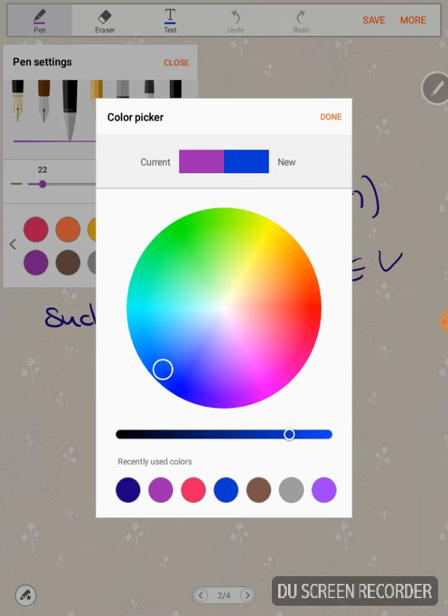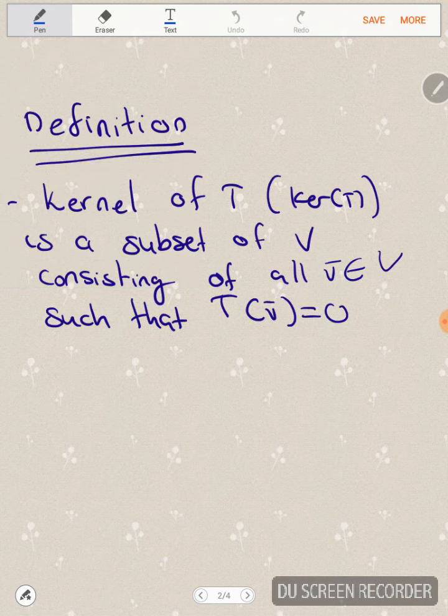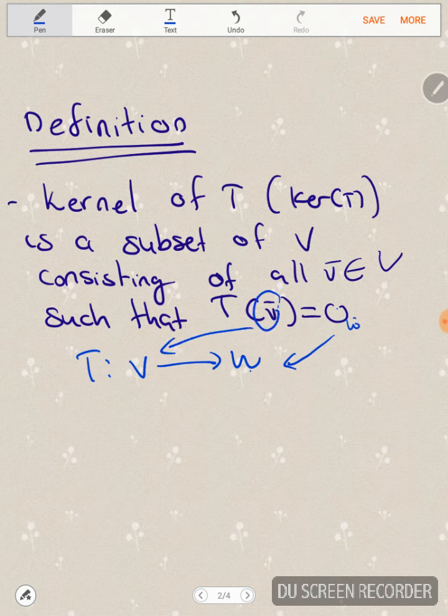And I just want to point out that this 0 lives in W if we are looking at some T from V to W. So that's the W that the 0 lives in. This vector V is coming from this space.